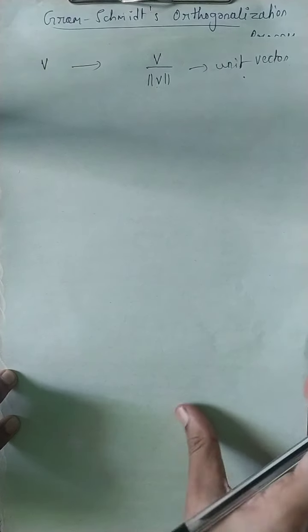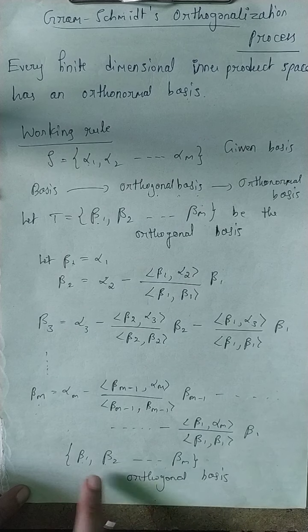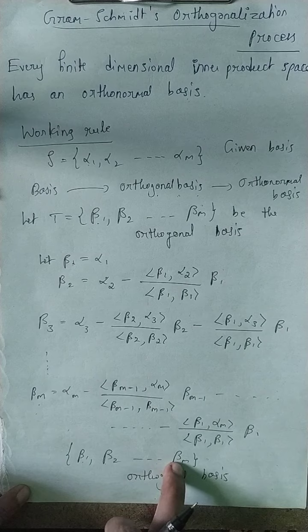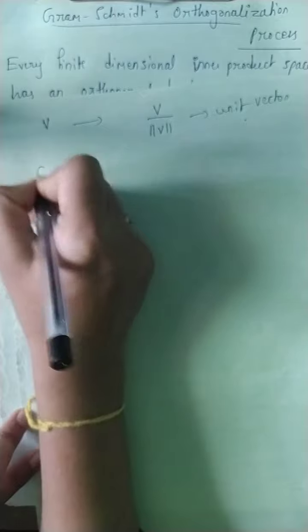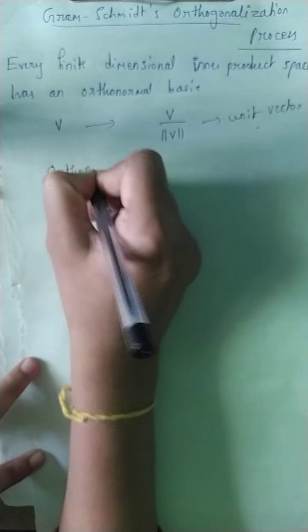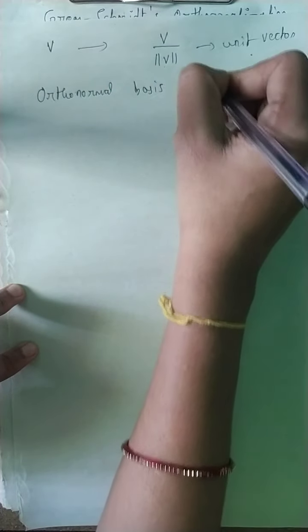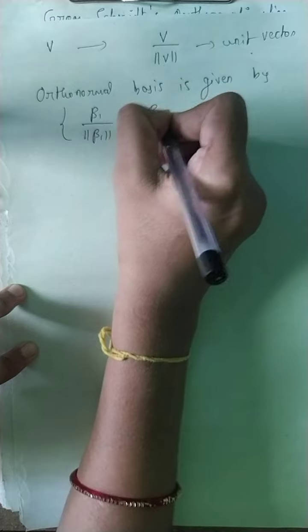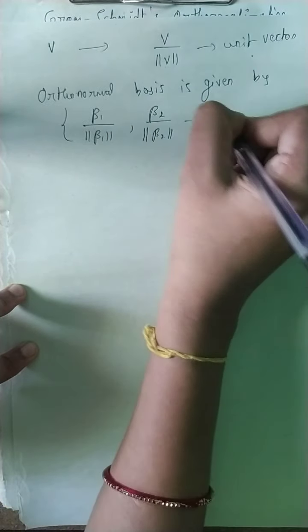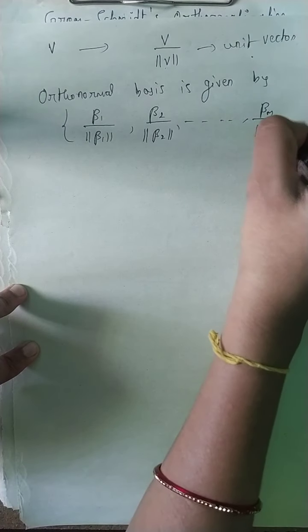So here we have the orthogonal basis, that is beta 1, beta 2 and so on up to beta m. Now we have to orthonormalize, that is, the orthonormal basis is given by beta 1 divided by norm of beta 1, beta 2 divided by norm of beta 2, and so on up to beta m divided by norm of beta m.